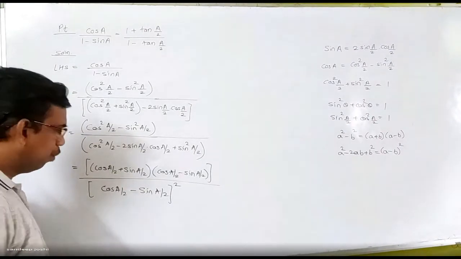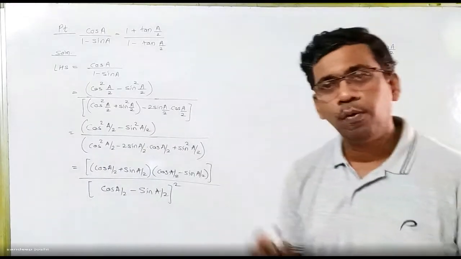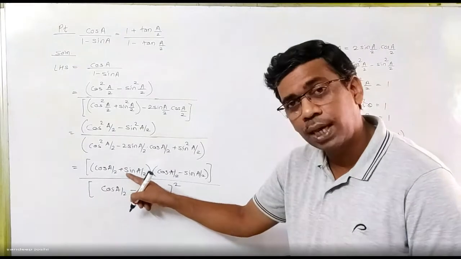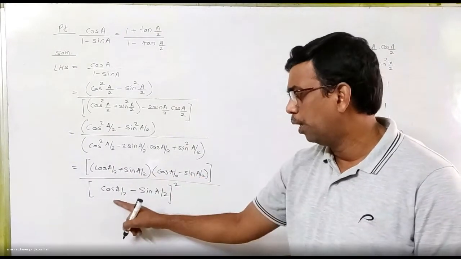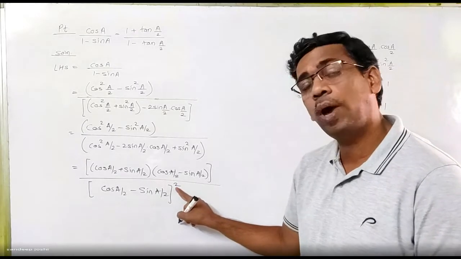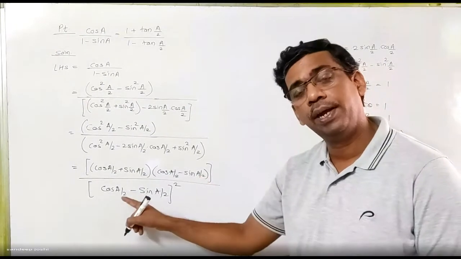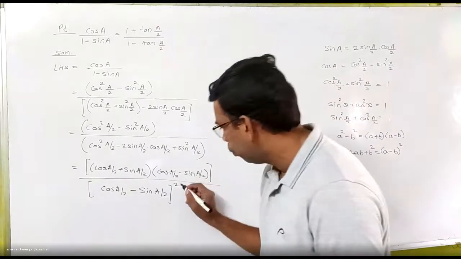Sure. And if you observe it very carefully, what we can find out is cos A by 2 plus sin A by 2, times cos A by 2 minus sin A by 2, whole divided by (cos A by 2 minus sin A by 2) the whole square. We are having only a single bracket in the numerator, and in the denominator we are having a whole square. What we can do?